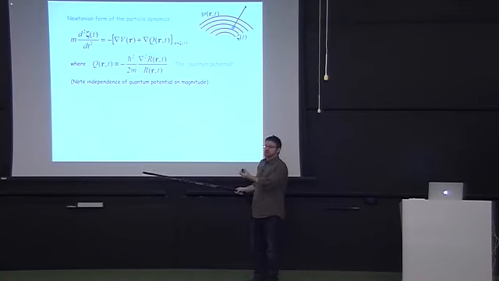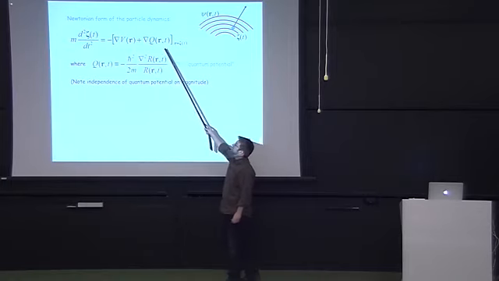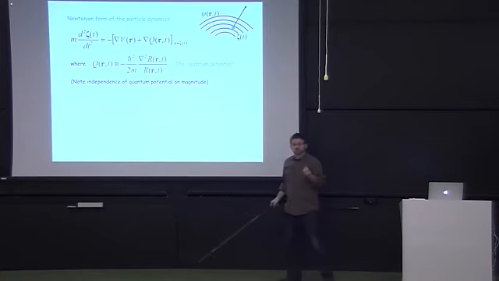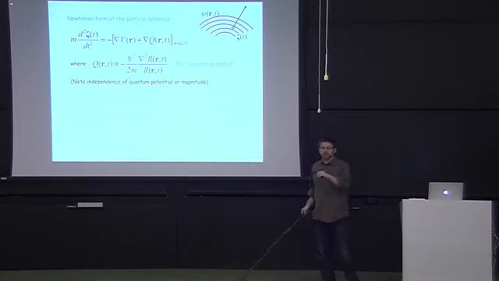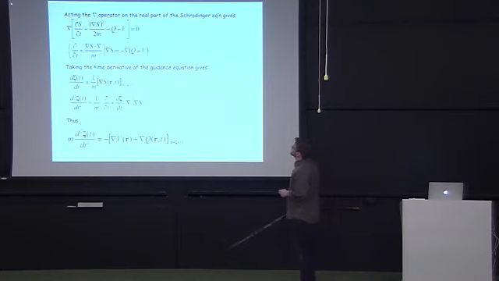Even though the external potential is 0, the wave function might have some interesting structure, which would define a non-trivial quantum potential, which will imply forces on the particles. So the particles could be accelerating, changing direction, even though there's no external potential in this theory. We're going to see some examples of that.